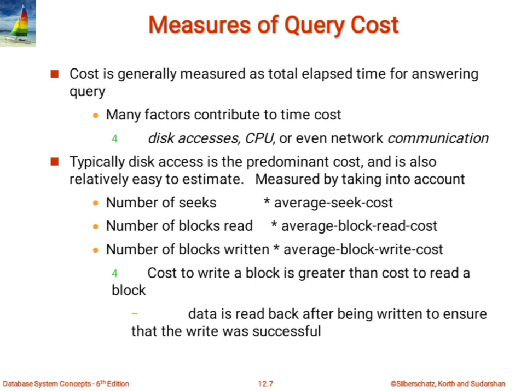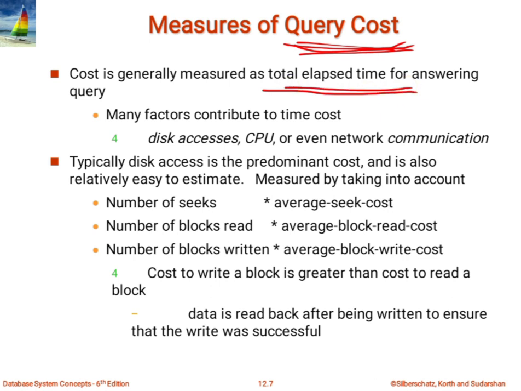In the same way, whenever we talk about the cost of the query, how are we going to measure that? We calculate the cost of the query depending on the total elapsed time for answering the query.